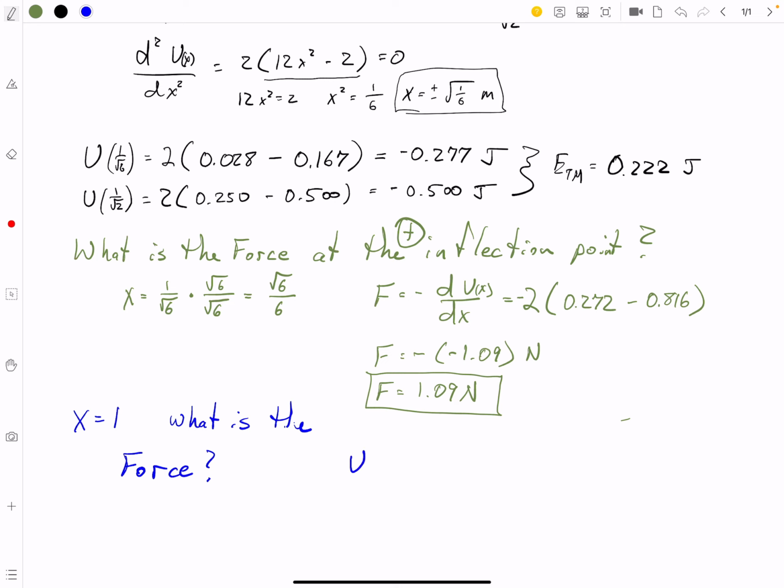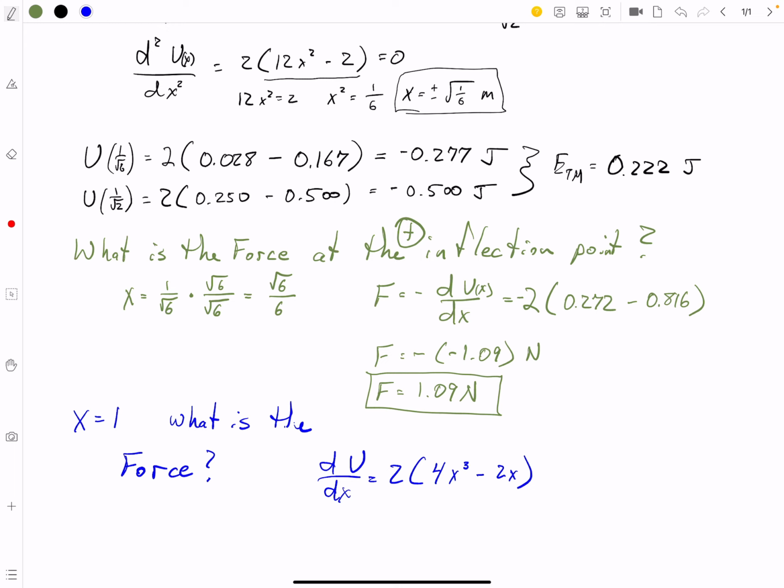So du dx equals 2 times 4x cubed minus 2x.